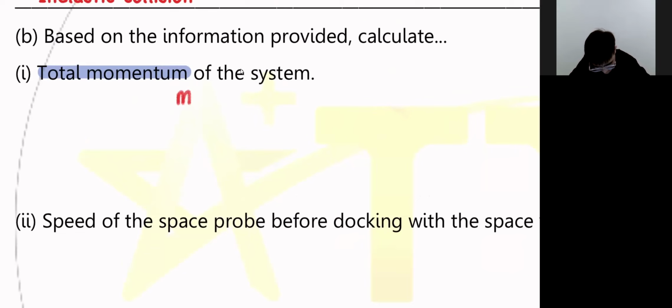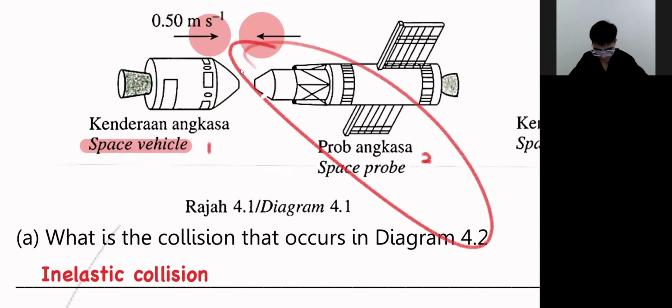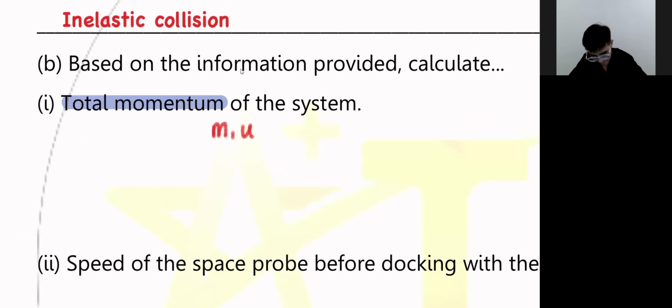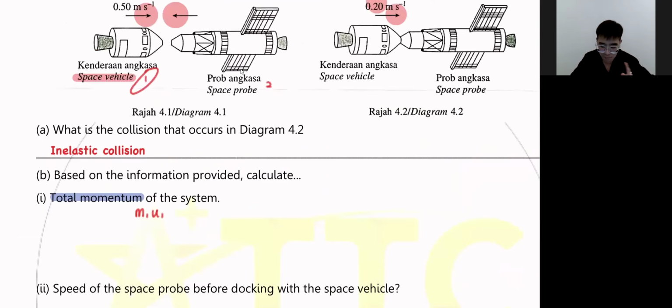The symbol we should use for velocity is supposed to be the letter V, but now I use the letter U, because U means the initial velocity. Like I said, I assume that the space vehicle is object number one and the space prop is object number two. So to find the initial momentum of the space vehicle, just use M1 multiplied by U1, the mass of the space vehicle multiplied by the initial velocity of the space vehicle, because the number one refers to the space vehicle.